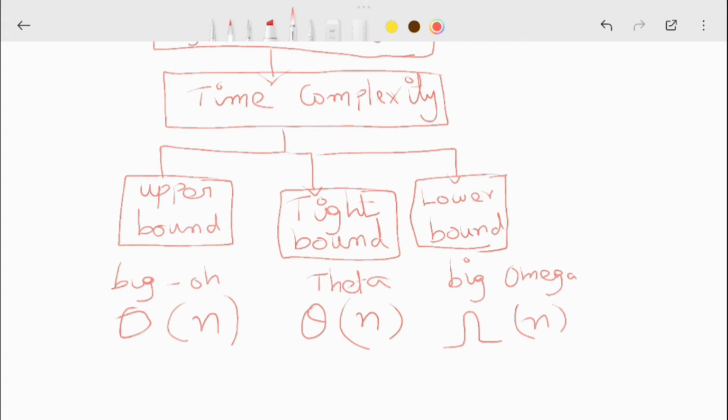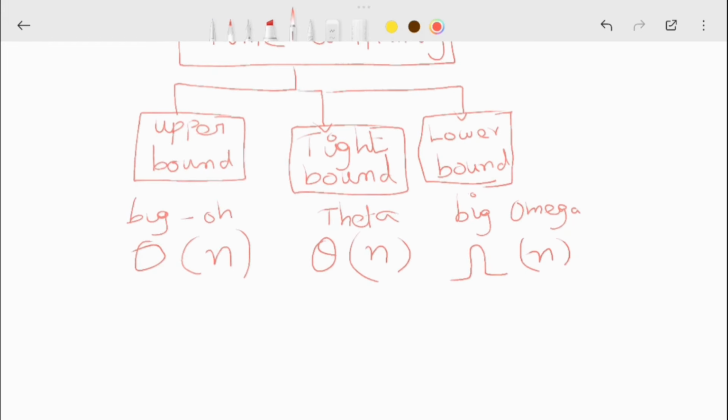All these notations are purely a mathematical concept. In mathematics, we have a function, for example, f of n. This function has some definition, like 2n plus 3. The upper bound is the maximum value of this function f of n for an input of n.